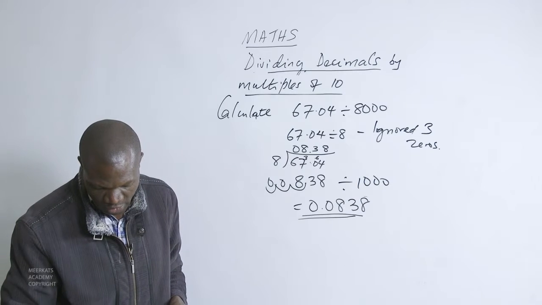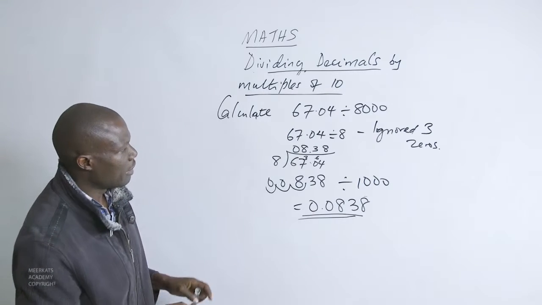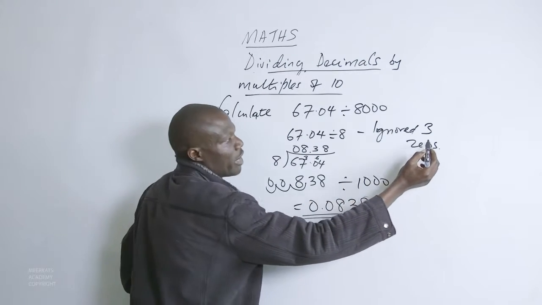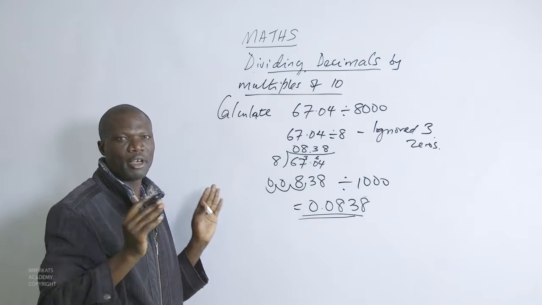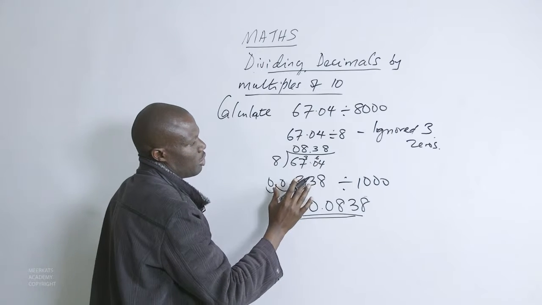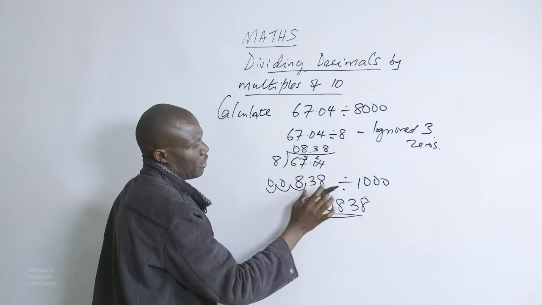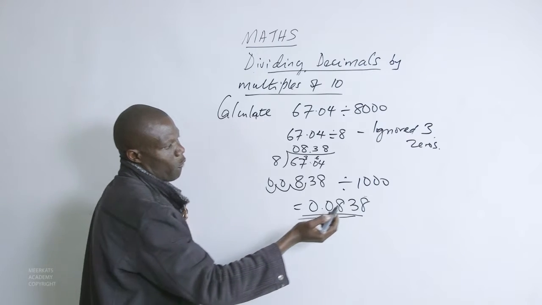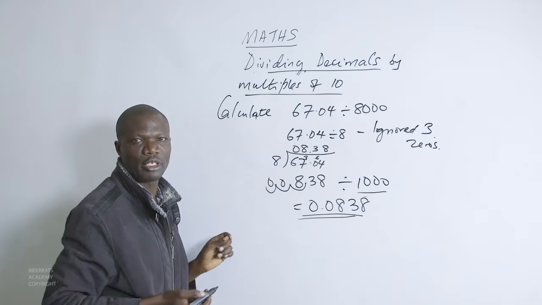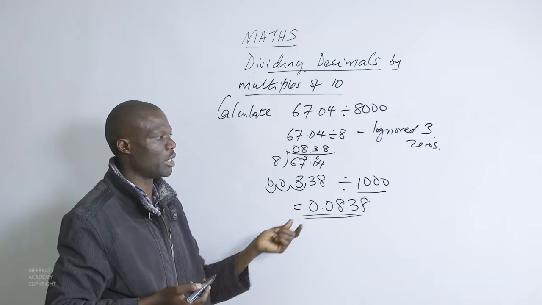Now, what you realize there is that at first we ignored the zeros. But the moment we came into our final answers here, we brought in what we had ignored. That is equivalent to 1,000.